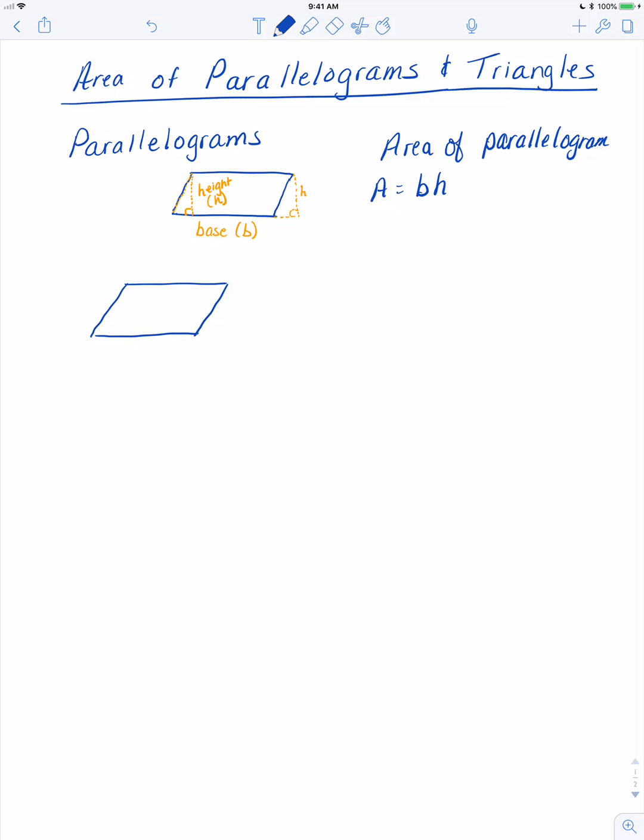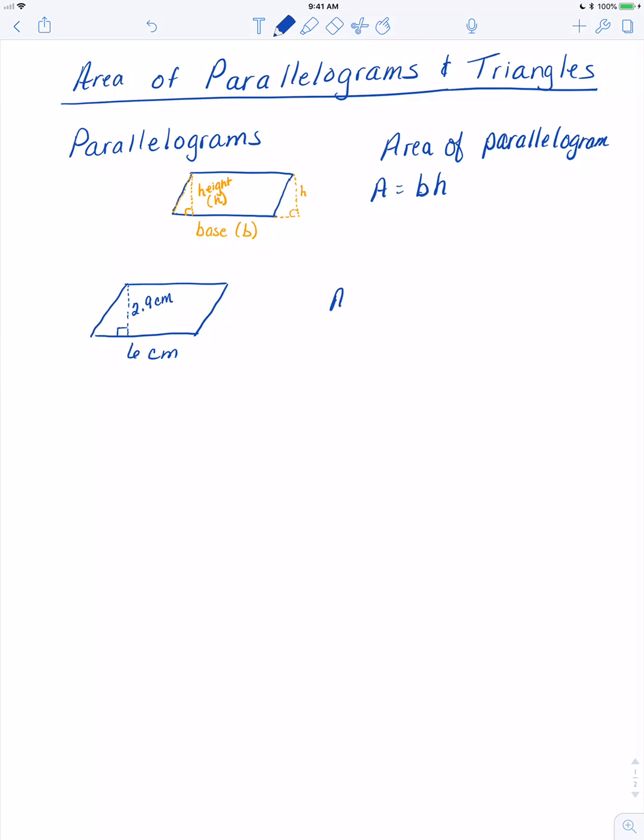Okay, so here's a parallelogram. Let's say it's got 6 centimeters down here. This might be drawn for us already, and it should be. It creates that 90-degree angle. Let's say that's 2.9 centimeters. So you know that that's going to be that height, that straight line there.